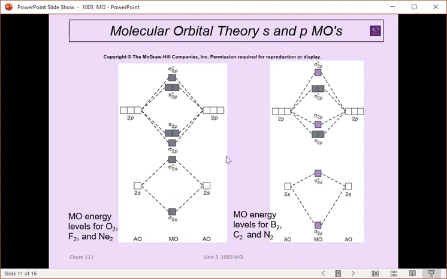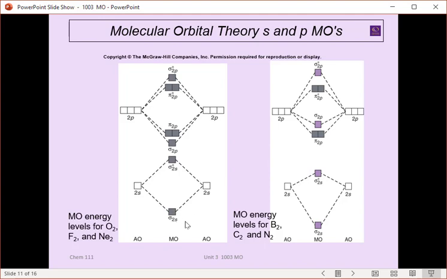The good news is that these splitting diagrams will be given to you, and these are all you're responsible for. You can do your own splitting if it's s's involved, because you put one up and one down, one bonding, one anti-bonding. But for doing p's, you're going to be given these splitting diagrams.